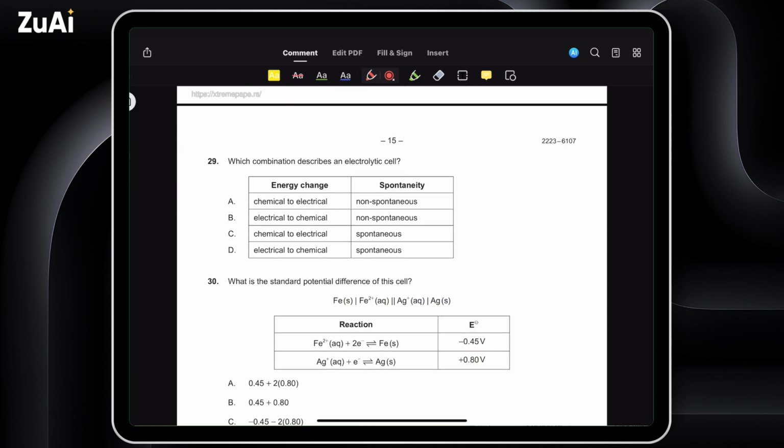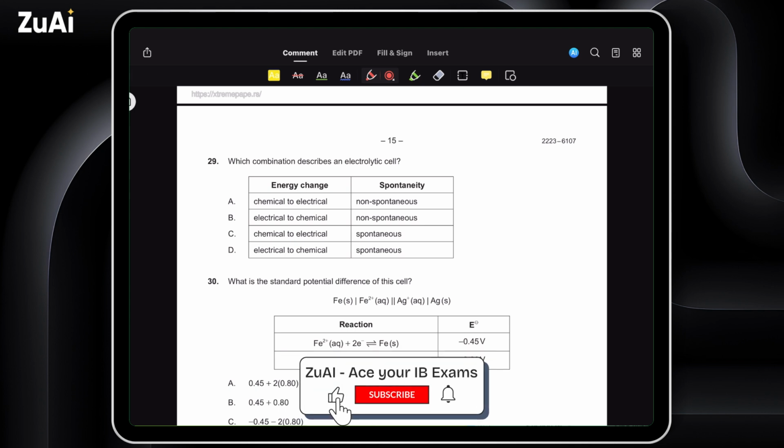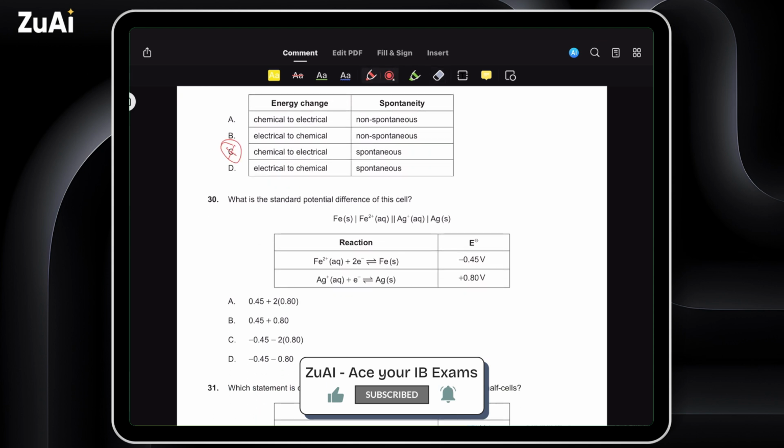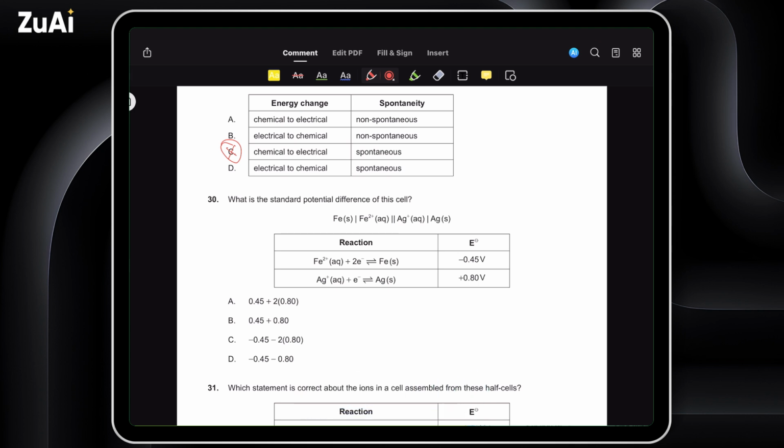Which combination describes an electrolytic cell? So electrolytic cell, electrical to chemical, and that is always non-spontaneous. What is the standard potential difference? So we have to calculate this. We have the formula: E cell is equal to E reduction minus E oxidation.